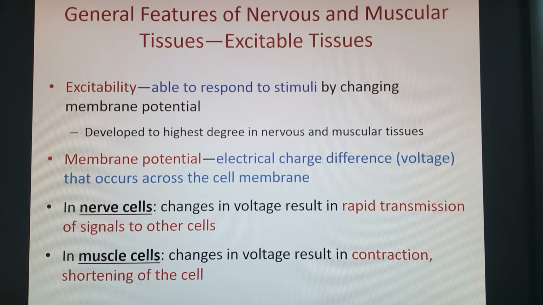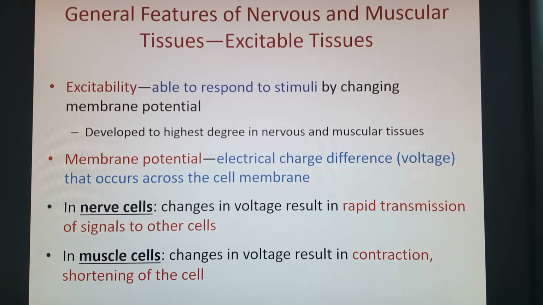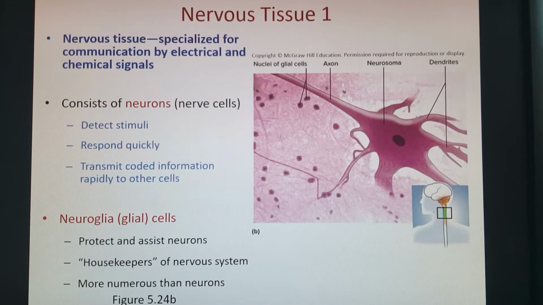That actually helps us to maintain our membrane potential across the cell, and so when we have that change in voltage, these types of tissues are able to respond due to that stimuli. So in nerve cells, it's a rapid transmission of the signal to another cell. In muscles, it causes a shortening of the cells, which is called a contraction.